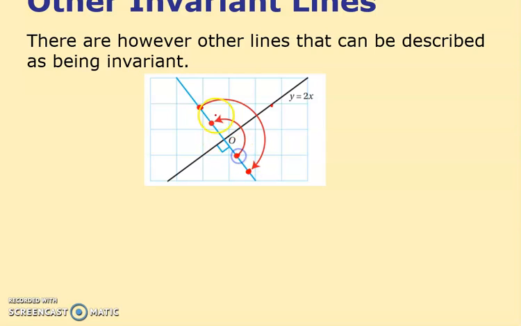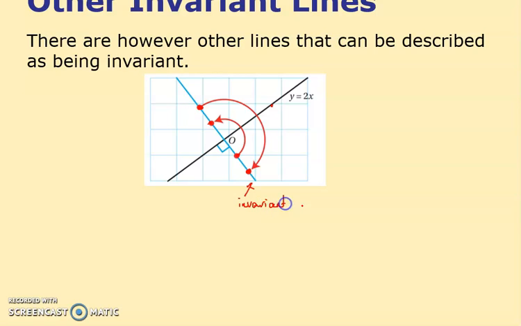And this point seems to reflect over here. So you can see that even though they're not reflecting to the same point, they are staying on the same line. And that's the weird thing about this question. So on this question, we're just saying to ourselves, I don't know what this line is, it doesn't tell me. But this would be described as an invariant line.